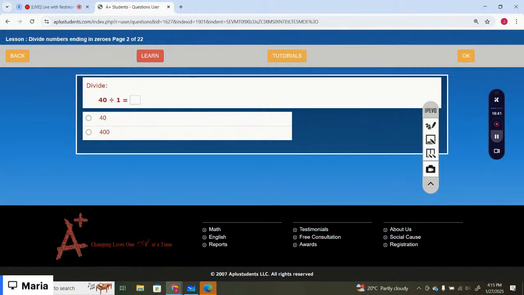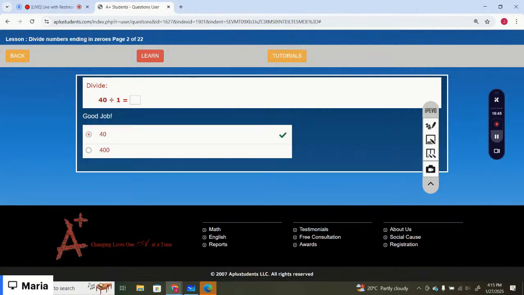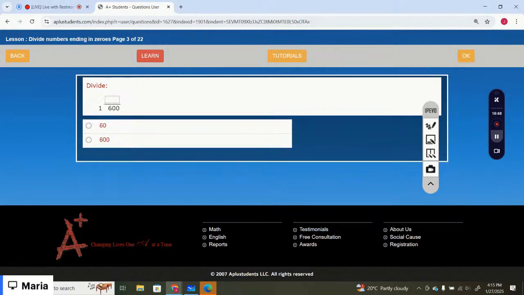So 40 divided by 1 is 40. Option number 1 is the correct option. 600 divided by 1, which is the correct option?